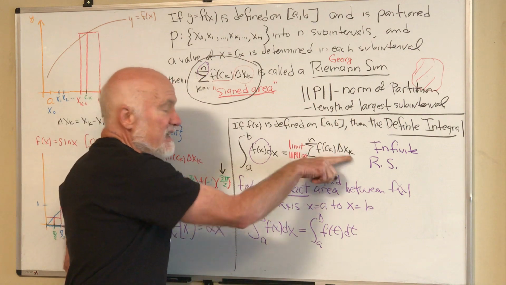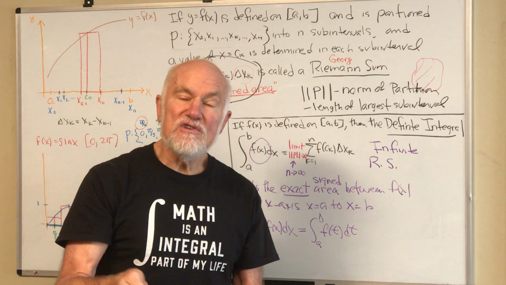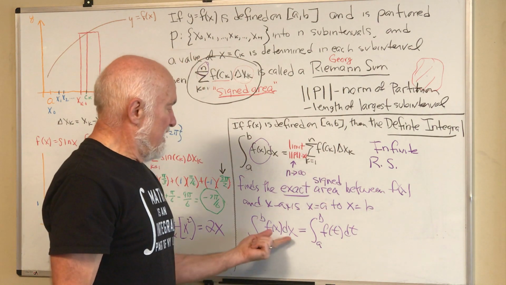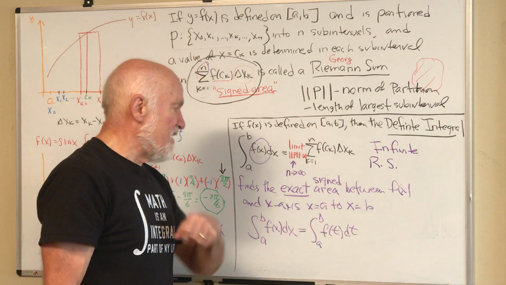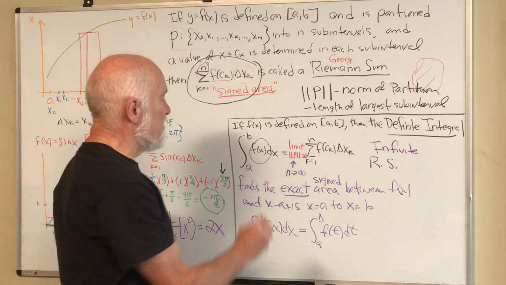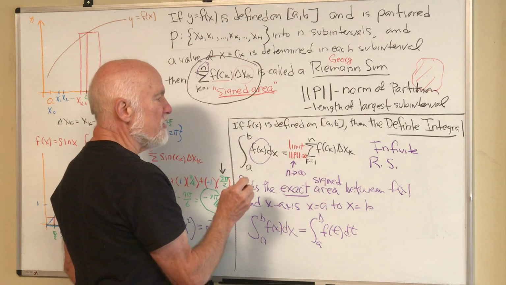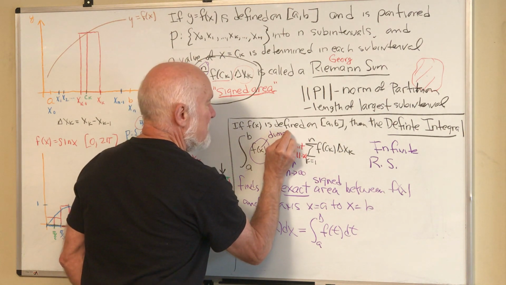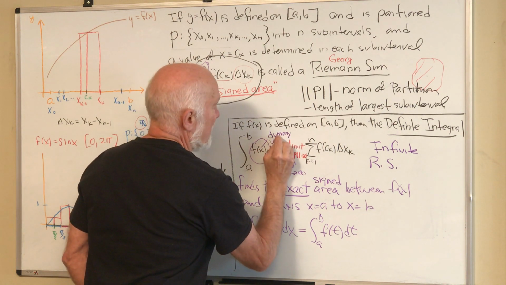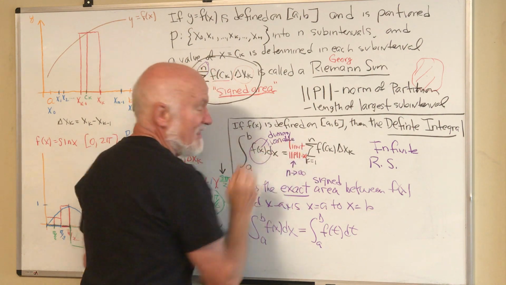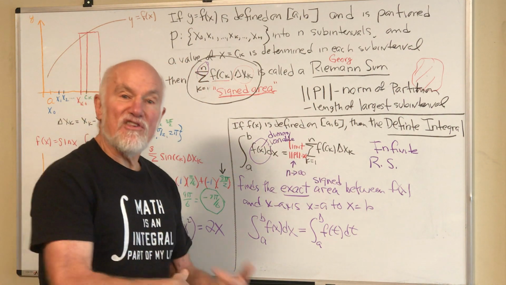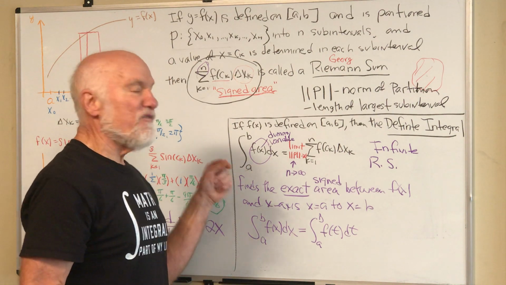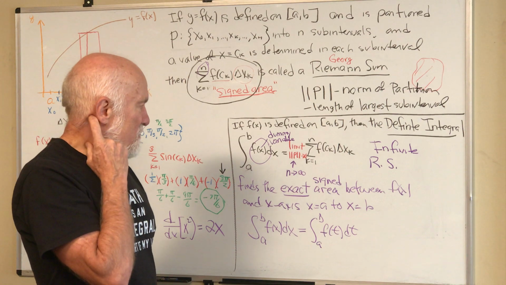You're just dividing this function up into an infinite number of small rectangles, and you get the same number answer in either case. Because of this, in a definite integral, we sometimes call the x a dummy variable. Its mother doesn't like that, but that's what we call it, because it doesn't really affect the answer. It's a variable, it's a letter, but it doesn't really affect the outcome.